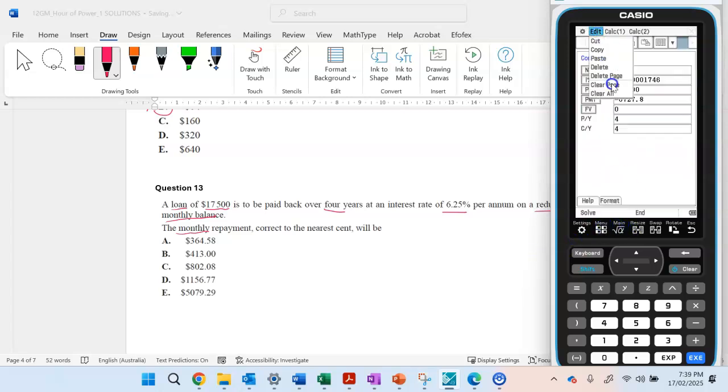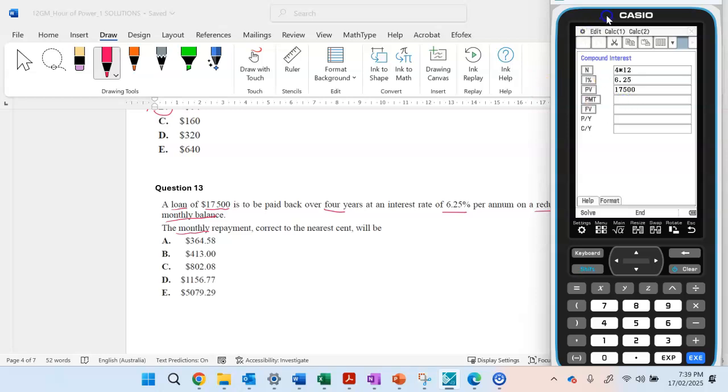All right, so I'm going to clear it again. A loan of $17,500, so that's our principal value, is to be paid back over 4 years. Now, it does say later on that it's a monthly payment, so 4 times 12. Interest rate is 6.25.